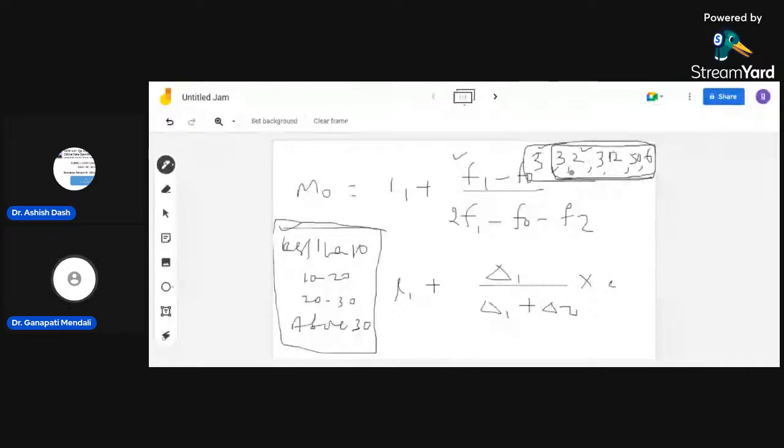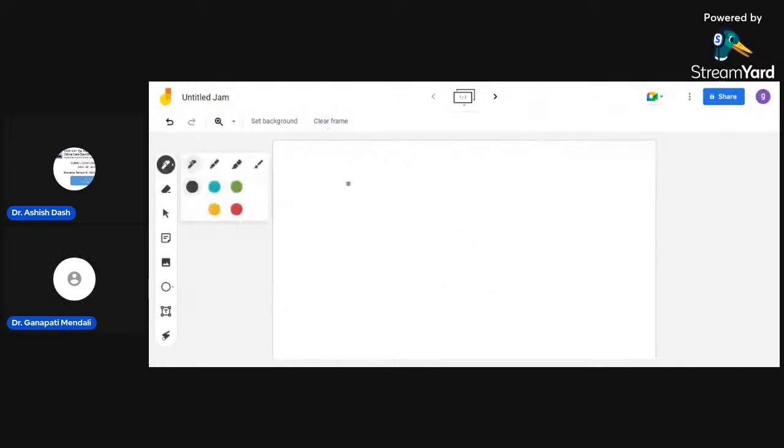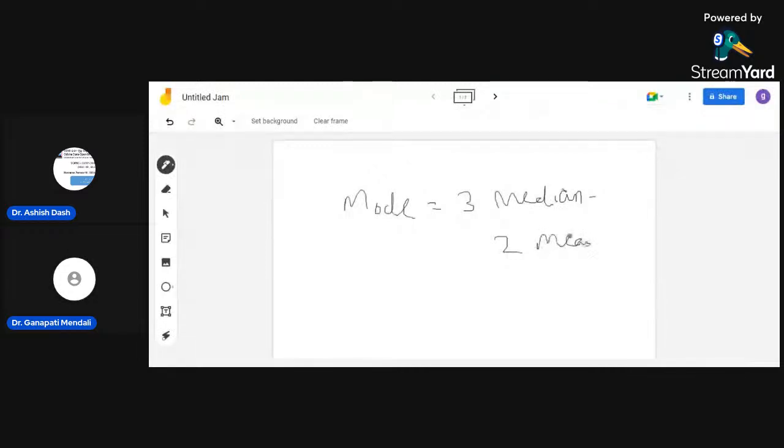There is another important relationship between the mean, median, and mode that you need to remember. The mode is equal to 3 median minus 2 mean. So if the question gives you the median and mean, you can easily calculate the mode.